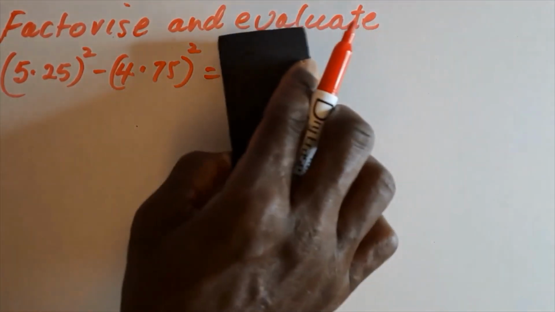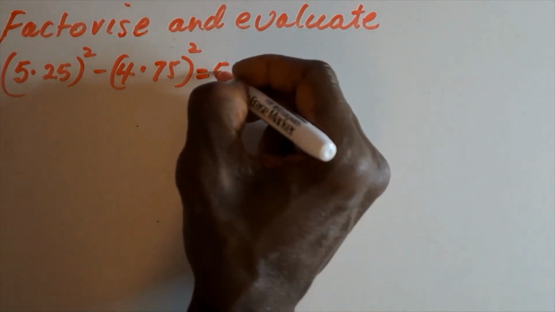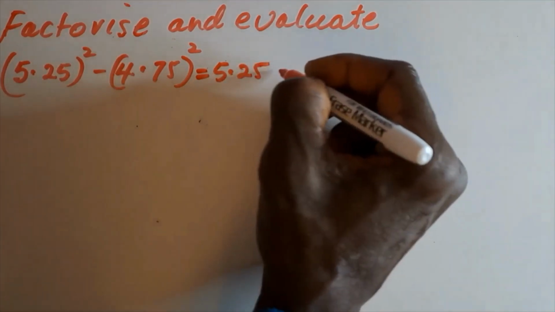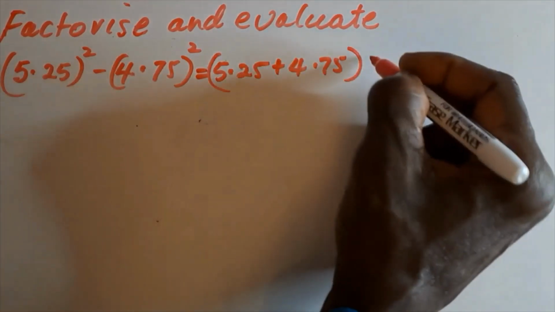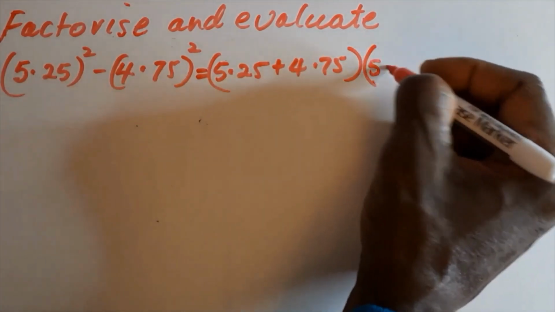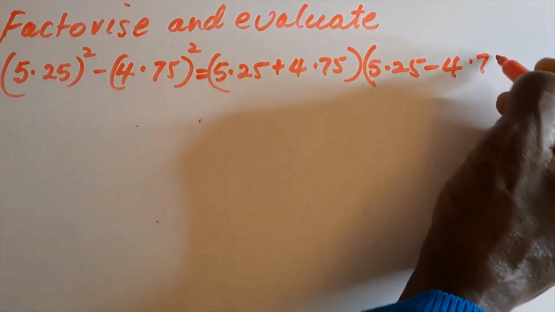Let's just write that again so you can see all of it. 5.25 added to 4.75 and 5.25 take away 4.75.